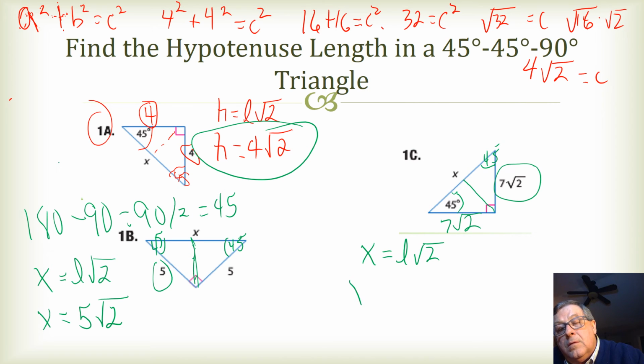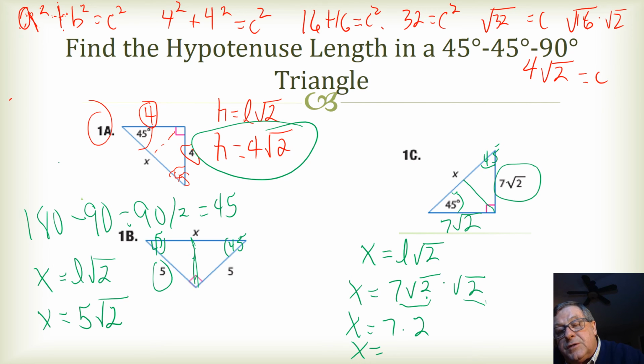The leg length we know is 7 times the square root of 2, and that's again going to be times the square root of 2. Here's the L, here's the square root of 2. The square root of 2 times the square root of 2 is 2. And so x is equal to 7 times 2, which is 14. So the hypotenuse in this case for 1C must be 14.